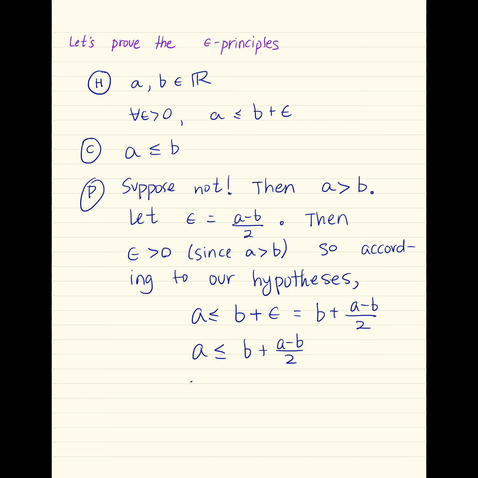Multiply everything by 2, which is okay. 2A is less than or equal to 2B plus A minus B. 2B minus B, that's B. So 2A is less than or equal to B plus A. Subtract A, and we'll have A is less than or equal to B. Contradiction.